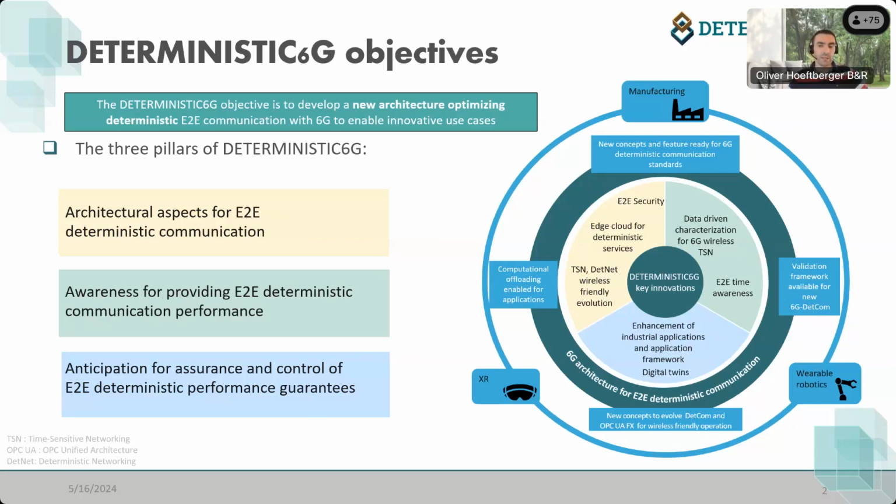Then there is a focus on awareness of the current situation. This is mainly targeting the network level, but also the application level with digital twins, for instance, and then the anticipation of the situation and control of situations before certain bad situations would happen.